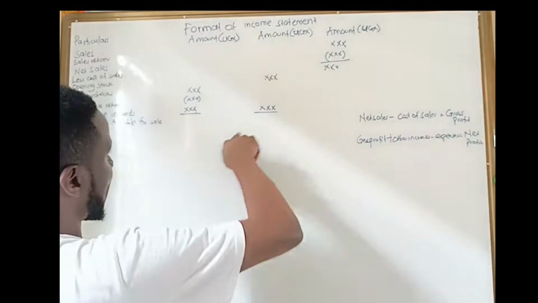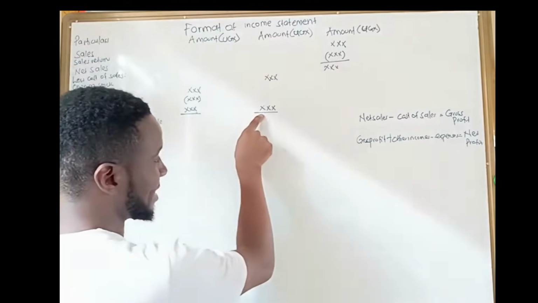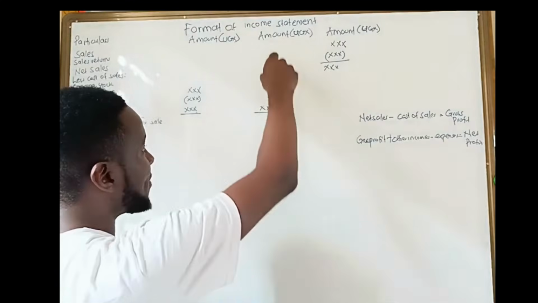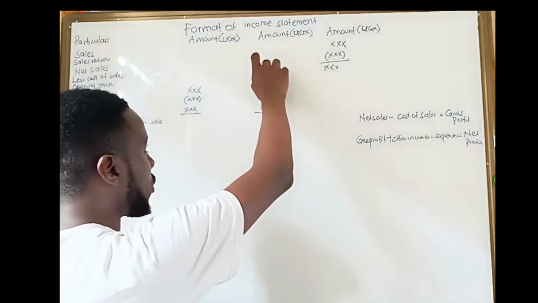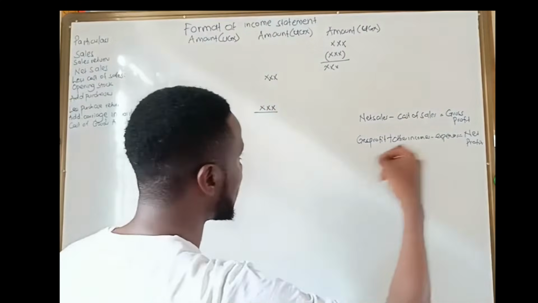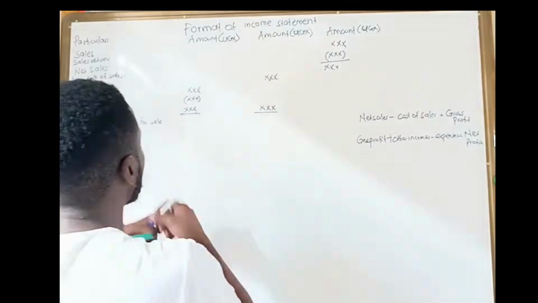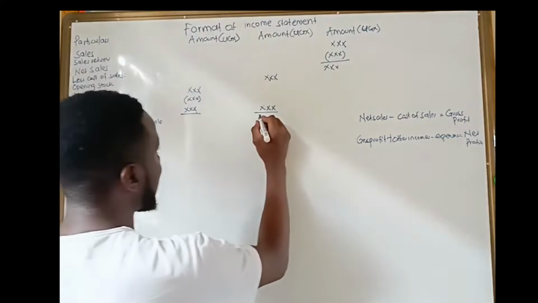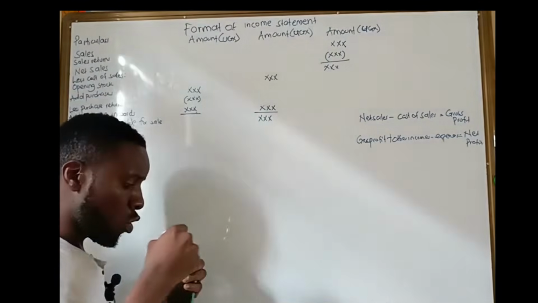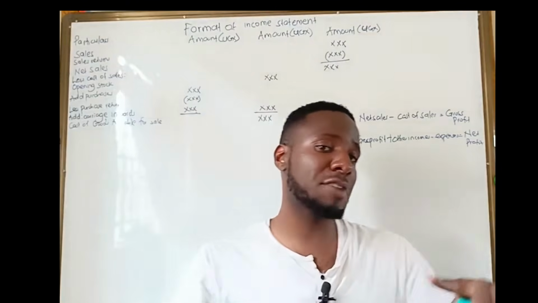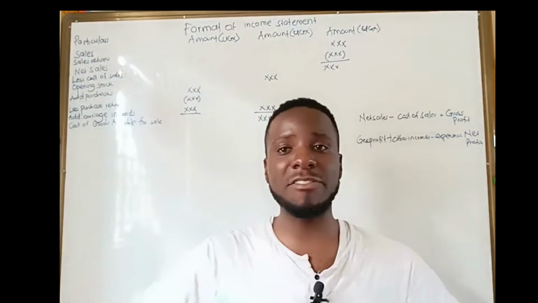Now, when I buy more purchases, I'm increasing the goods in my store. In my store, I have the stock which I opened the year with, and also I have more stock which I've purchased. Now, when I get the cost of goods available for sale, I'll get the total goods that are in my store, the opening stock that remained, and the purchases that I've bought.